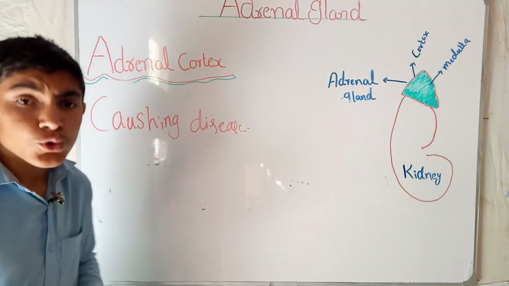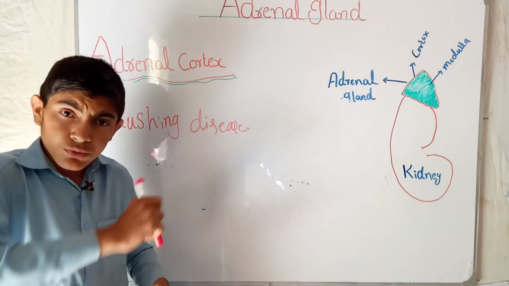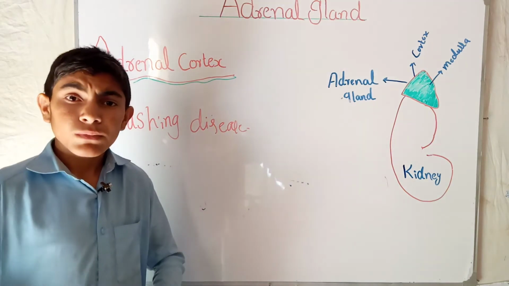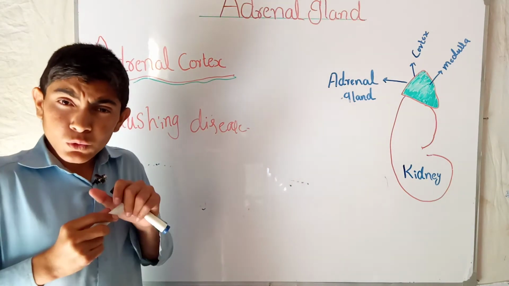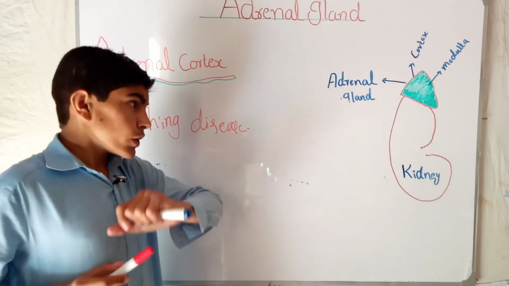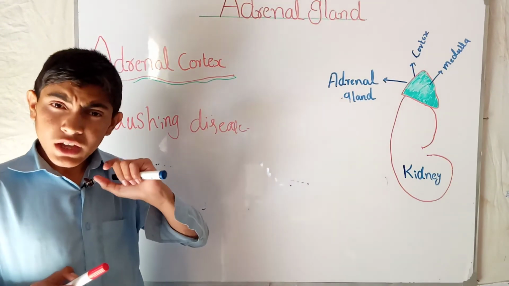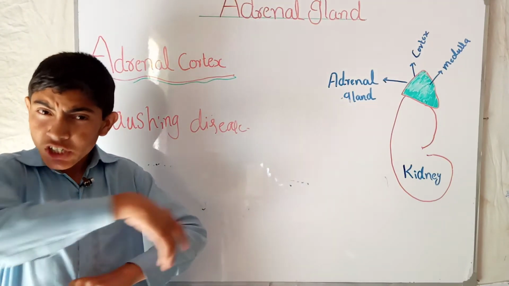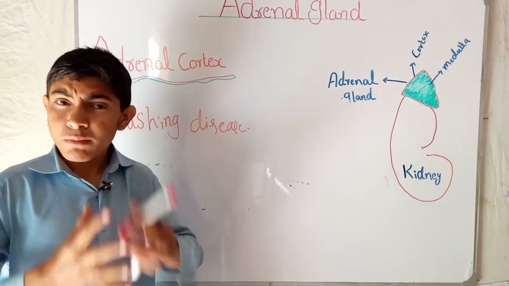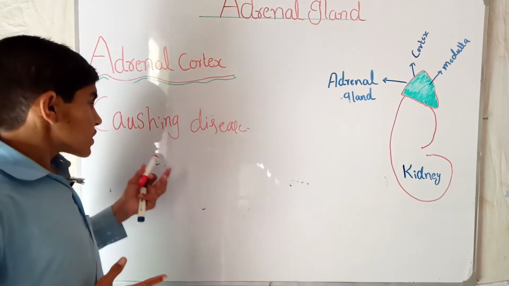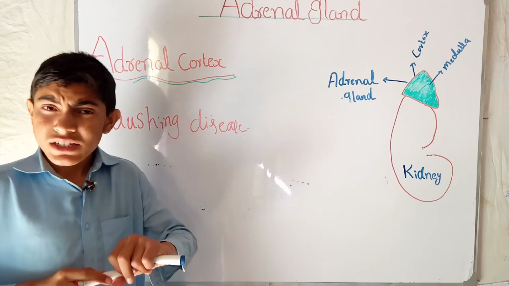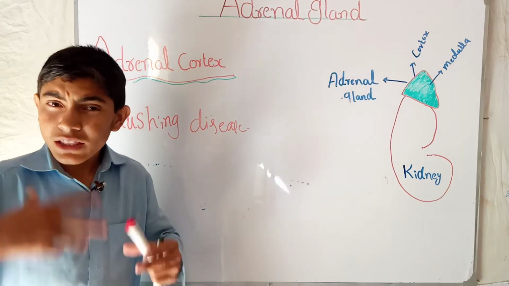This disease is totally opposite to the previous Addison's disease. When the glucocorticoid hormone is secreted by the adrenal cortex in high amount and the blood glucose level becomes high, Cushing's disease is caused in the body.